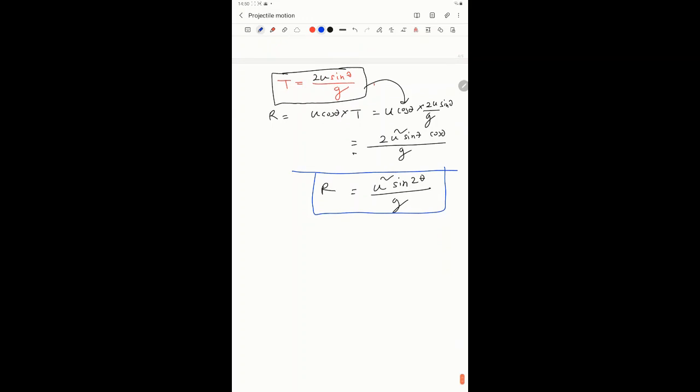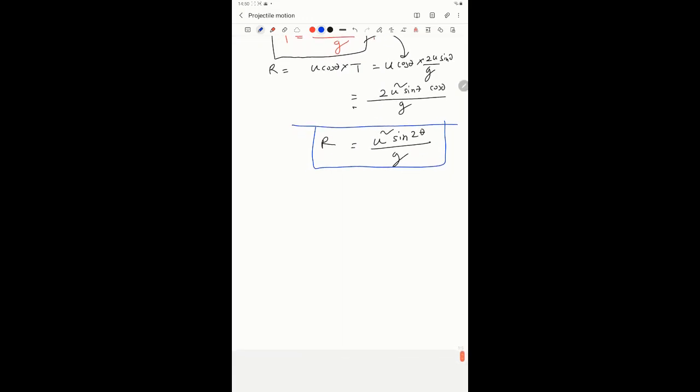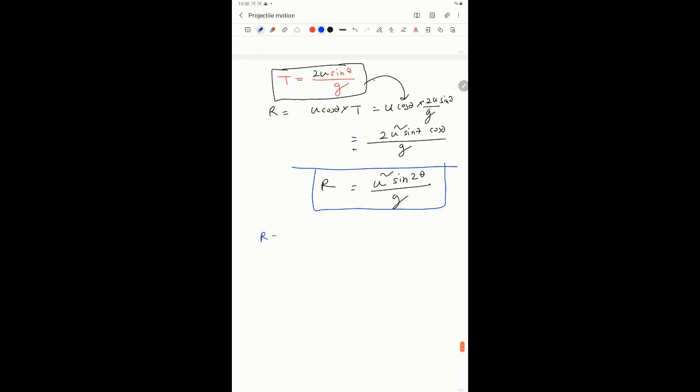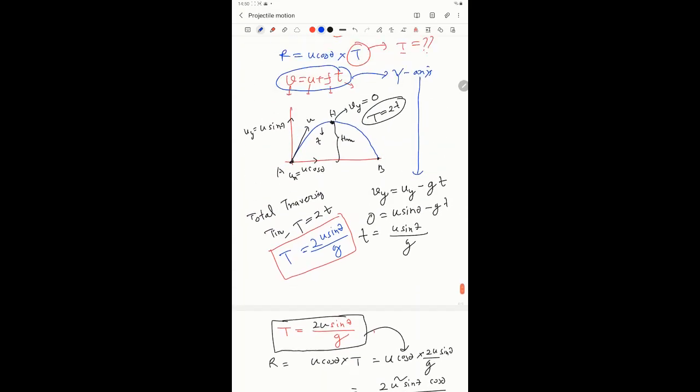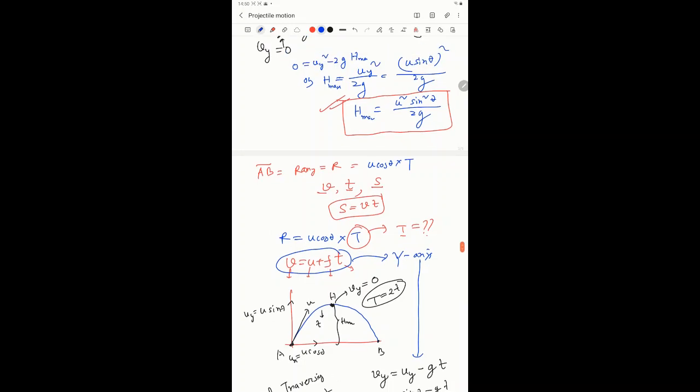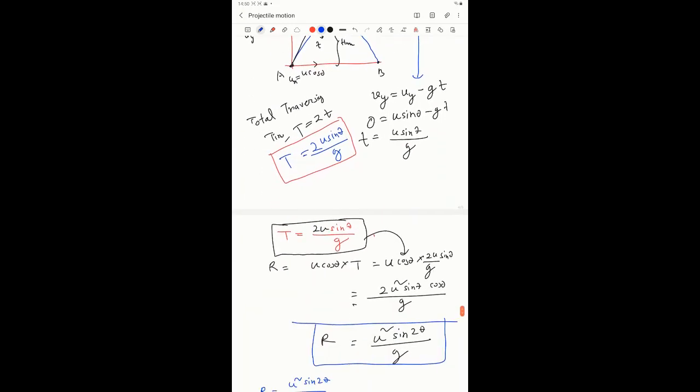So what are the main three equations we have to memorize for exam purposes? Range R equals u square sine 2 theta by g, time of flight t equals 2u sine theta by g, and h max equals u square sine square theta by 2g.